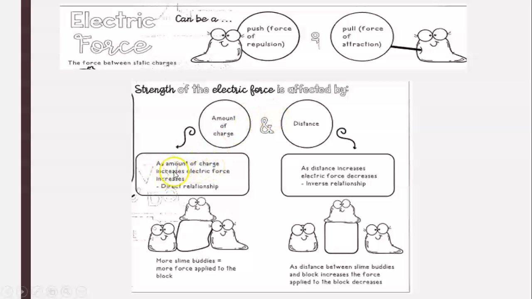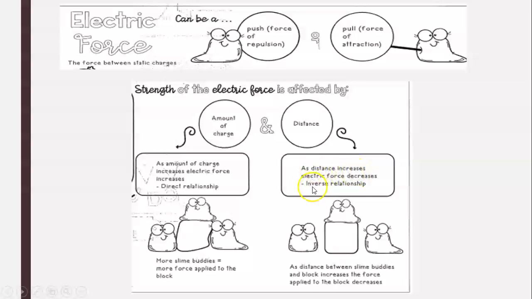As the amount of charge increases, electric forces increase. Direct relation. So as the amount of charge increases, the electric force increases. The more energy moving through the system, the more energy there's going to be ready to be distributed.